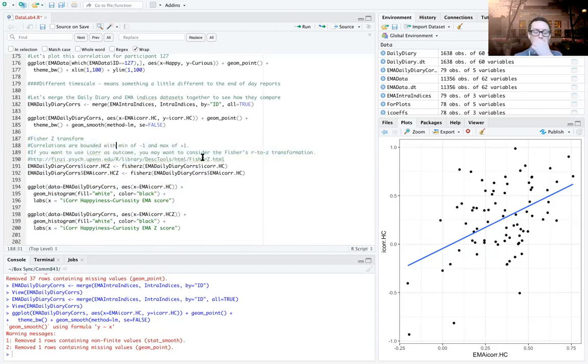Correlations are bounded between -1 and +1, which is not the ideal thing to have as an outcome. And so often people take the Fisher's r-to-Z transform. You can read more about it there. And then you can see what happens to the distribution of the intra-individual correlations when you take the Fisher-Z transform.